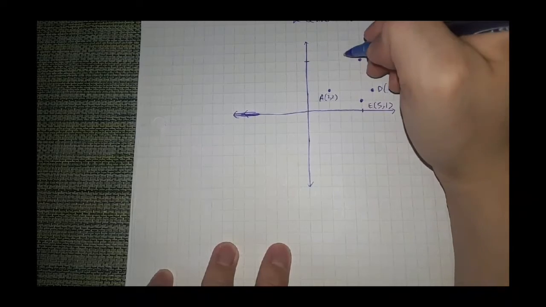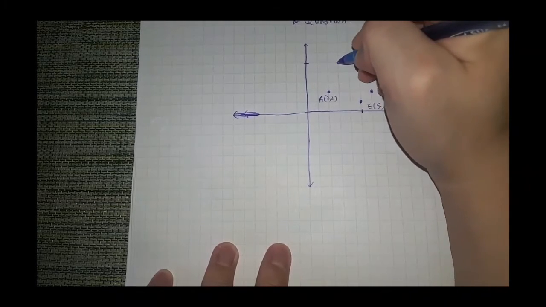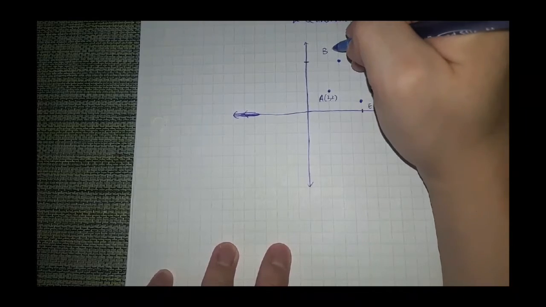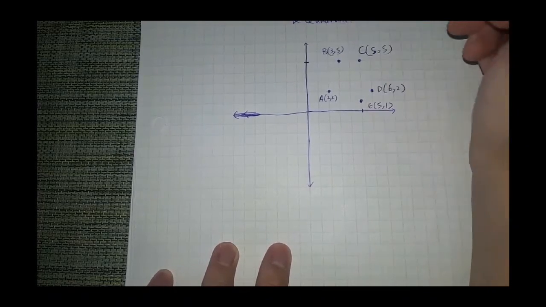And we also have a coordinate at B, which is 3 and 5. Something like that.